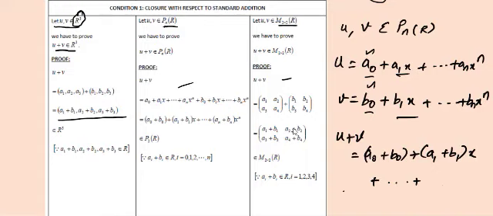For example, if one polynomial has 3x and the other has 5x, we add 3 plus 5, giving 8x. In a similar fashion we are doing this, so an plus bn into x power n. Now I should check whether this belongs to Pn of R. That is our task again and again. The same argument will be made on all the problems.